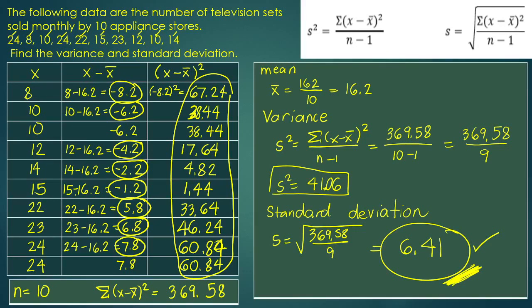The one with the big standard deviation means the scores are spread out, very far from each other. That's how you analyze and interpret the results. Again, if the standard deviation is very close to 0, the scores are close to each other. If it is very big, the scores are very far apart from each other. The gap between the scores is large.